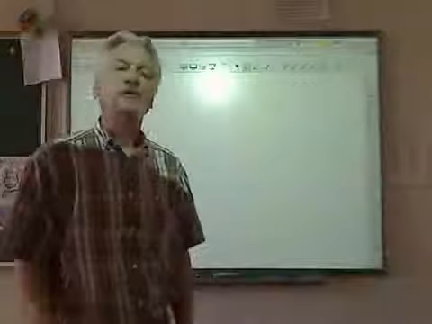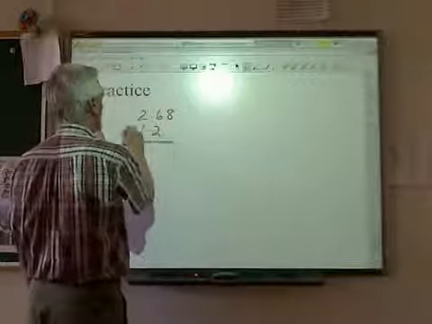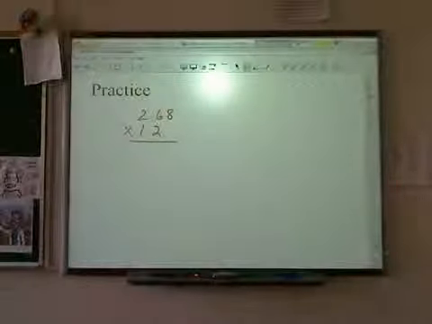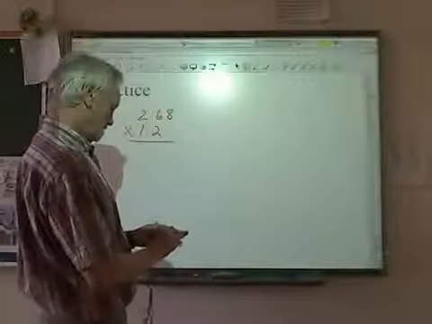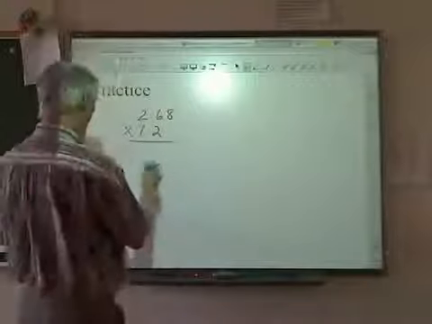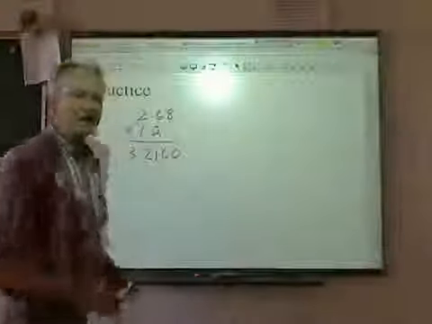For multiplication and division, it is related to significant figures. So if we take 2.68 and multiply by 1.2, our numerical answer is 3.216. That's what comes out of my calculator.